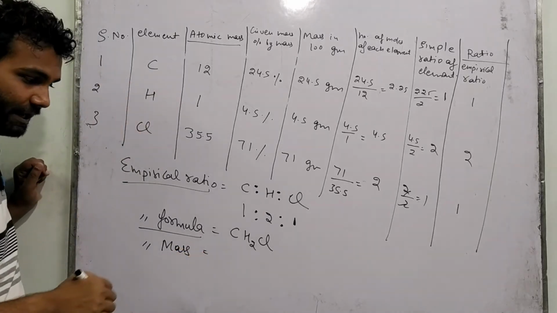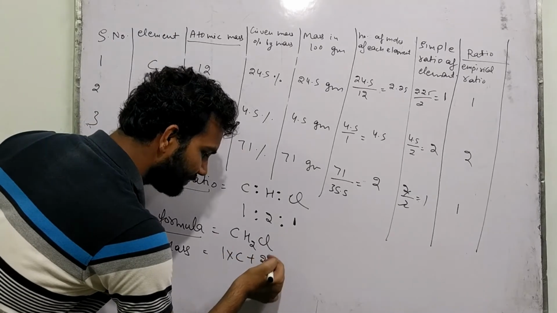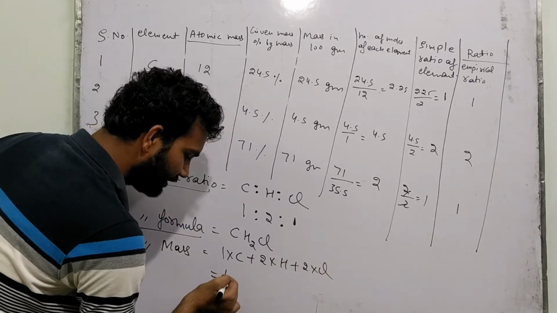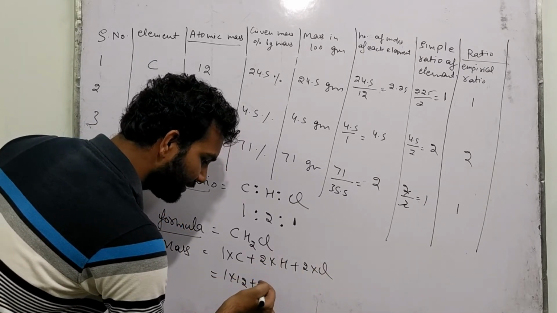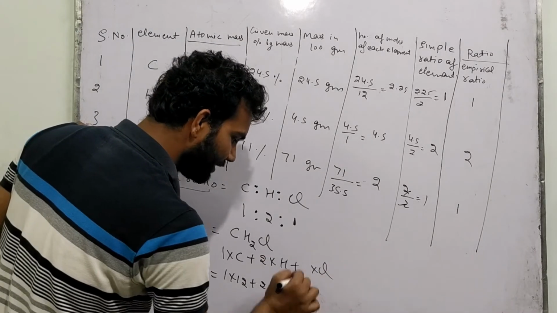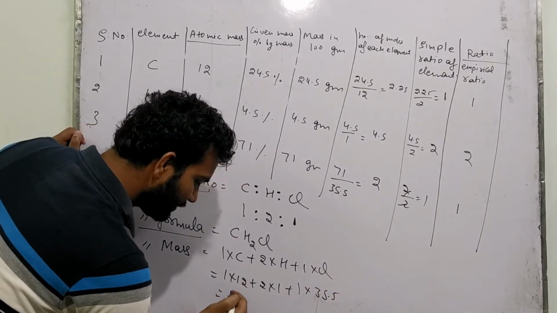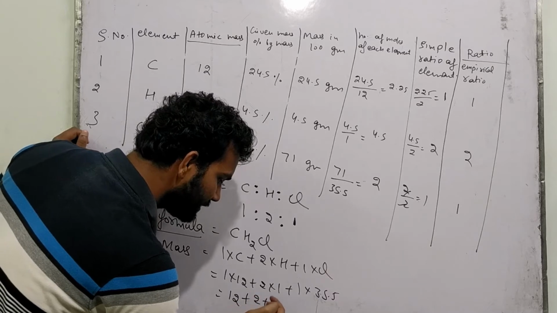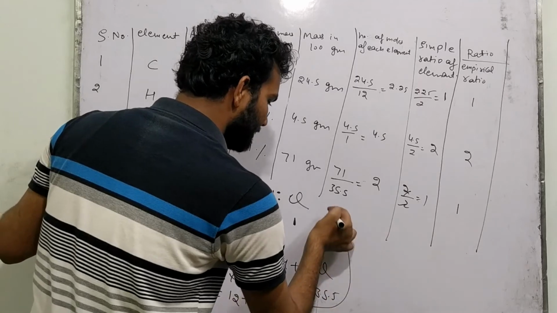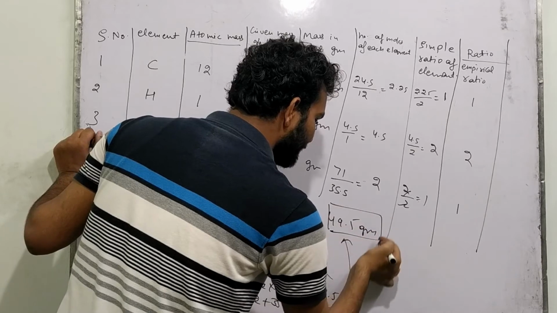Same way as you calculate molecular mass. How? 1 multiplied by C plus 2 multiplied by H plus 1 multiplied by Cl. Okay, so 1 multiplied by 12 plus 2 multiplied by 1 plus 1 multiplied by 35.5. So that is 12 plus 2 plus 35.5. So it will come around, यहाँ पे इसको लिखते हैं बेटा 49.5 gram. So that is your empirical mass.